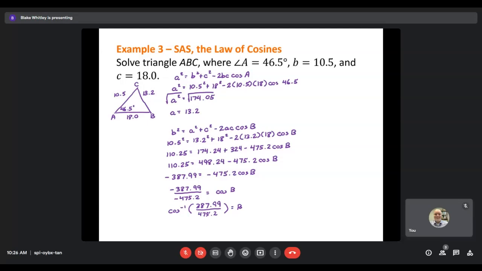In doing that, should give us 35.3 degrees.